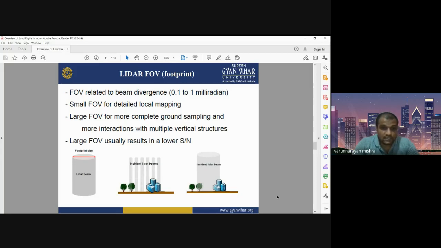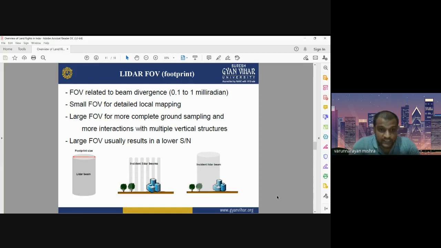If there is a small FOV, you will get detailed information. If we have a large FOV, there is more complete ground sampling and more interaction with multiple vertical structures. So for getting detailed information, your FOV should be small in the case of lidar.